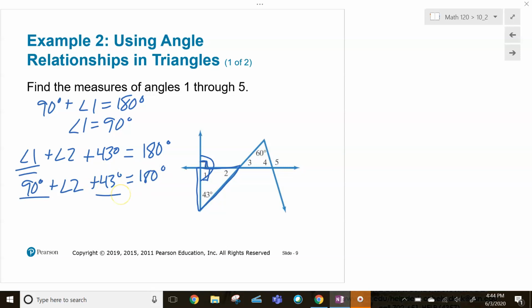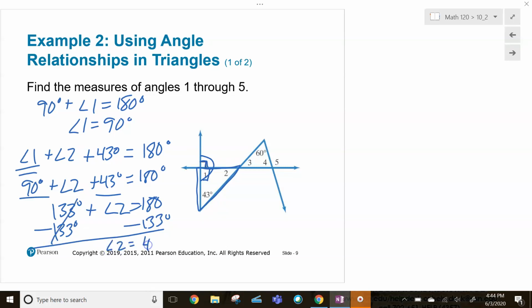Add the 90 and 43, that's 133, plus angle 2 is 180. Subtract 133 degrees, and we've got angle 2 is 47 degrees. So now we know that's 47 degrees.